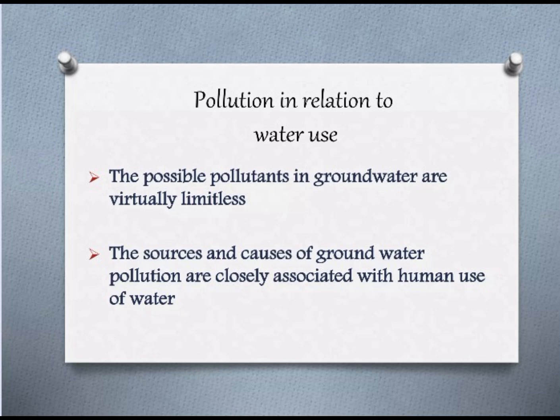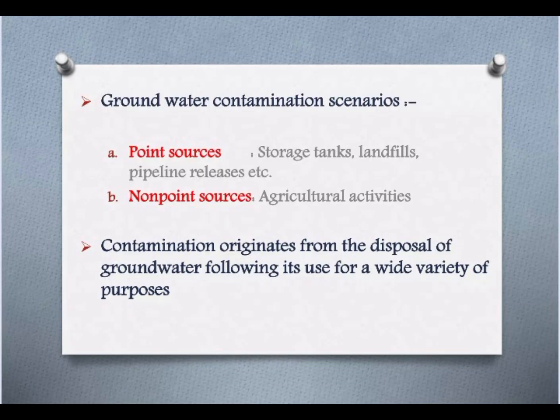The possible pollutants in groundwater are virtually limitless. The sources and causes of groundwater pollution are closely associated with human use of water. The point sources of groundwater contamination can be seen at storage tanks, landfills, and pipeline releases.